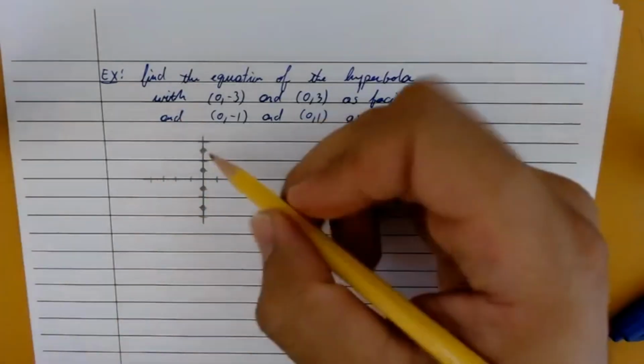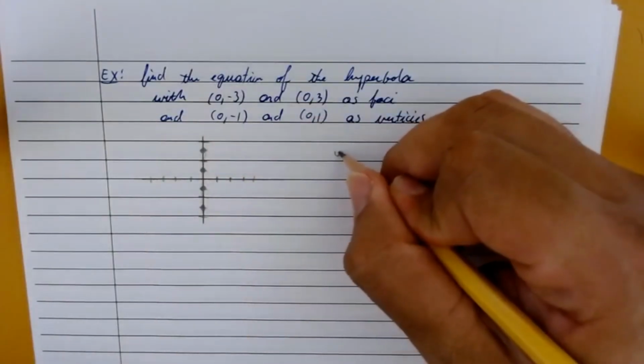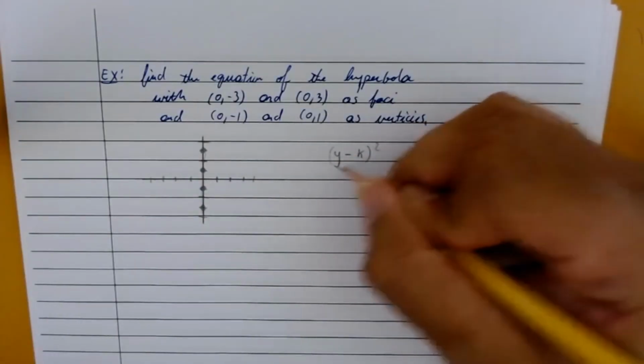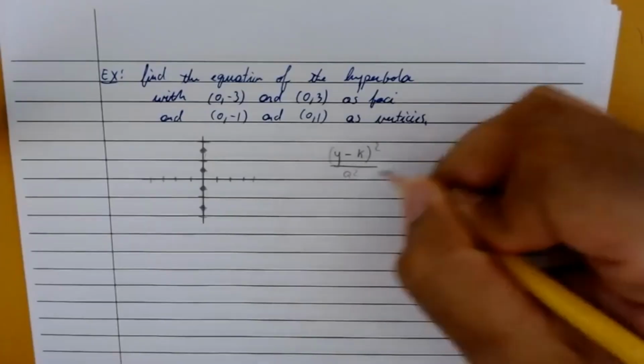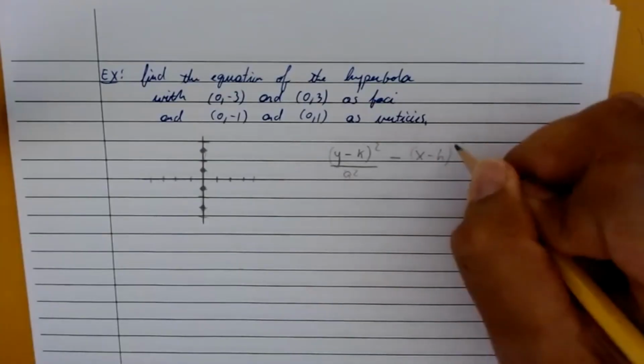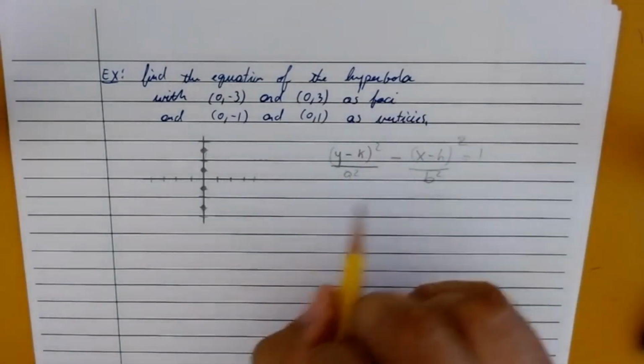First of all, we now know that our transverse axis is vertical. So we know that it's going to have the form (y - k)² over a² minus (x - h)² over b² equals 1. We now know what form it's going to have.